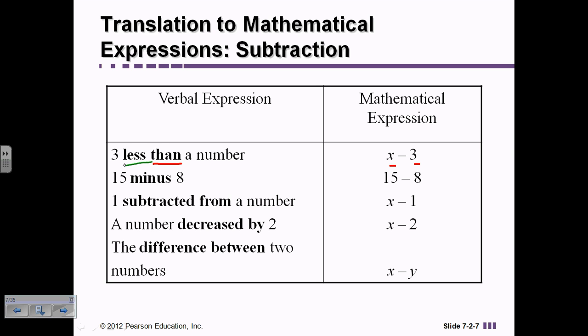With the words less than, you'll notice that, again, it's subtraction, but you have written down the 3 second instead of first. This is really important with subtraction because subtracting two numbers is different depending on what order you write them down in. So it's extremely important, especially with subtraction, that you write them down in the correct order.